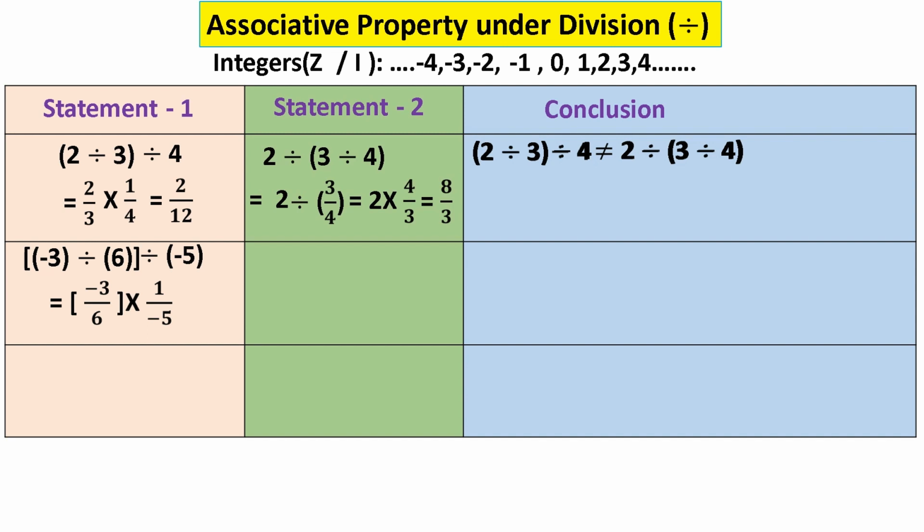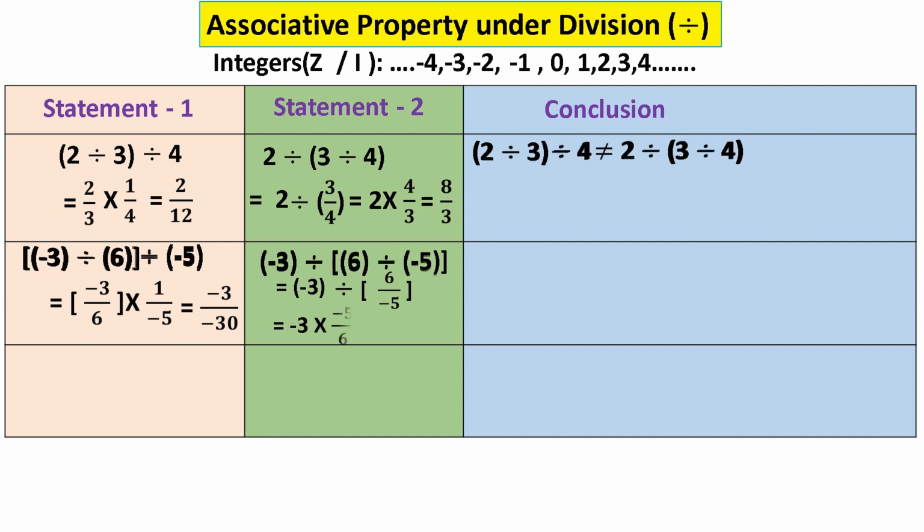It converts into multiplication by the reciprocal of minus 5, which is 1 by minus 5. We will get minus 3 by minus 30. In statement 2, we take the same three integers. We divide the last two integers, 6 and minus 5: minus 3 divided by 6 by minus 5.